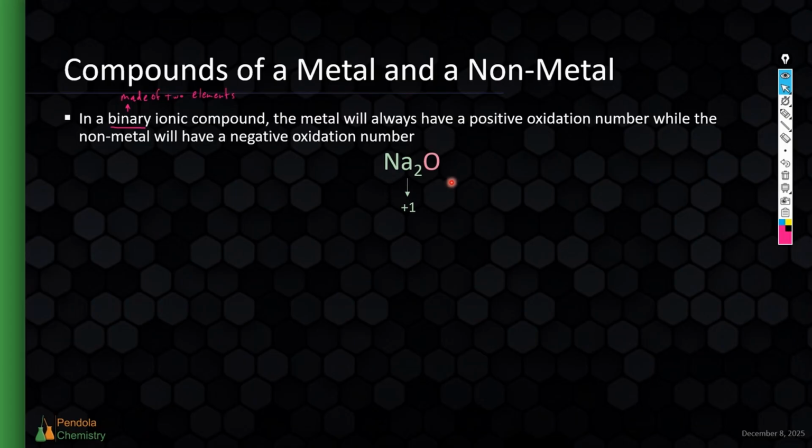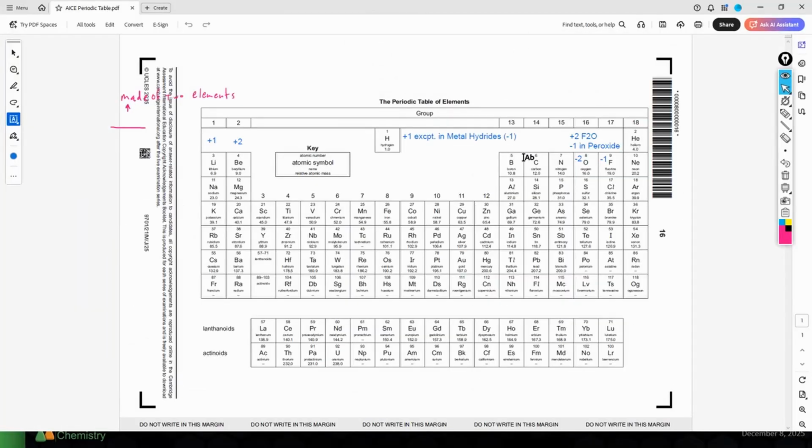On the other hand, oxygen here, which is the more electronegative element in the pair, is going to have the negative oxidation number. And I'm going to bring back the rules from the last one. With oxygen, we saw that oxygen is always going to have a -2 oxidation number, except in peroxides, where it's -1, and in F2O, where it's +2.